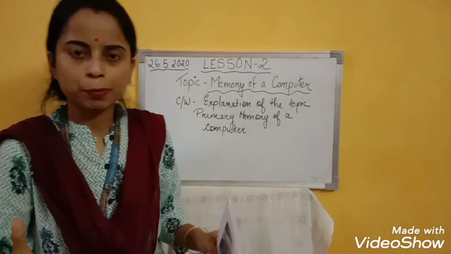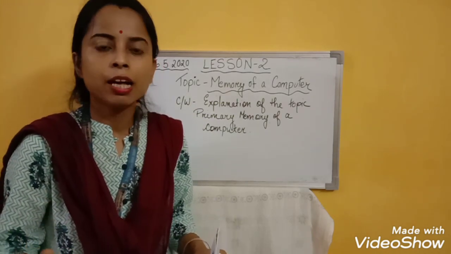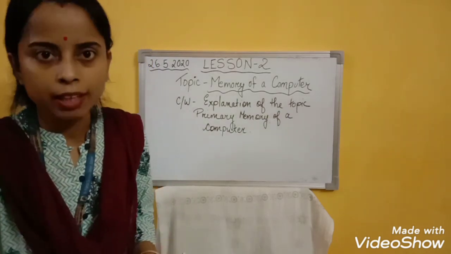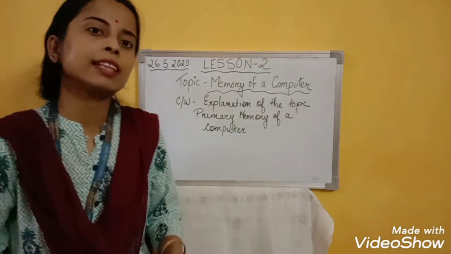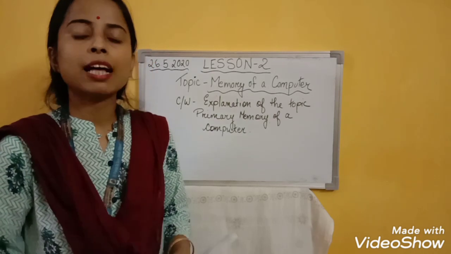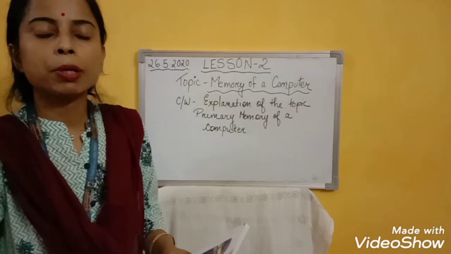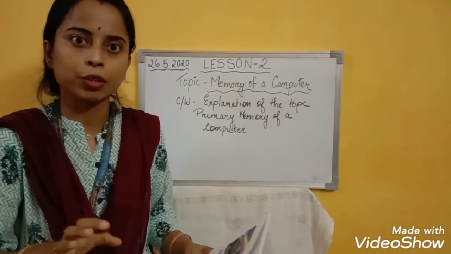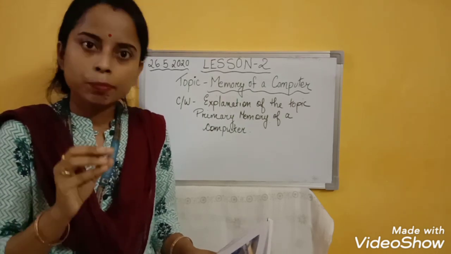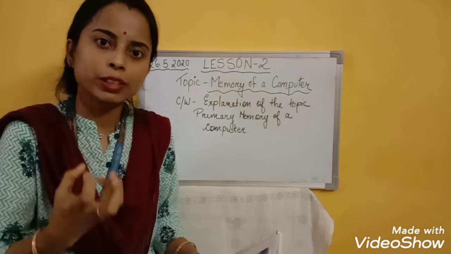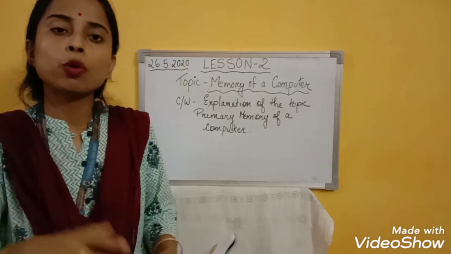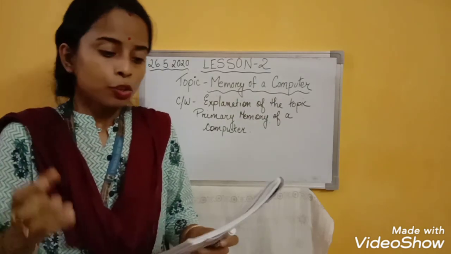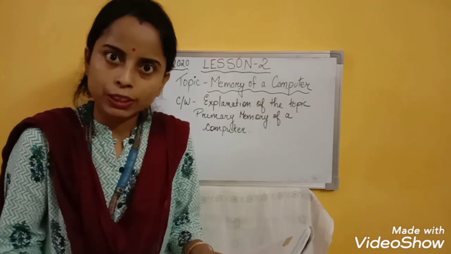Before starting the explanation of primary memory, let's give a quick recap of what we discussed in our last computer class. We learned about storage units or storage devices of a computer. We started that topic. We learned what storage units are, then low-level languages, then main memory storage units.